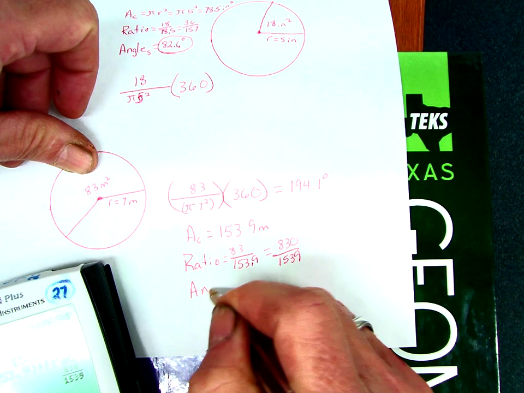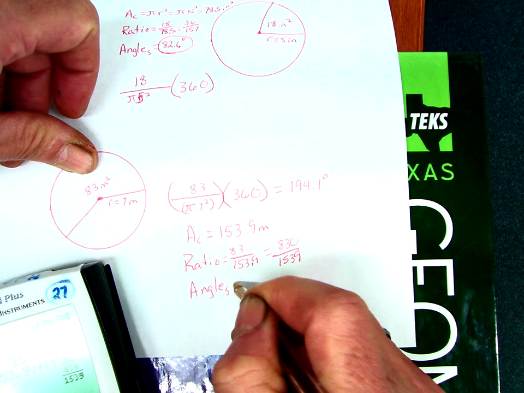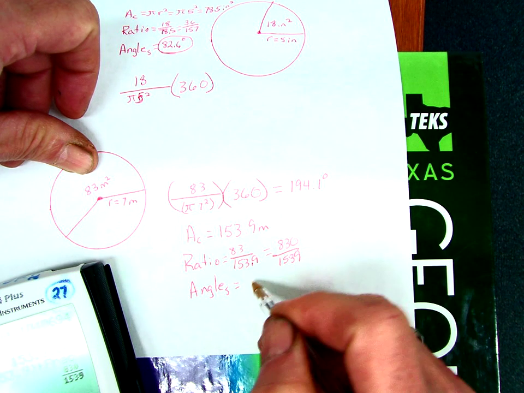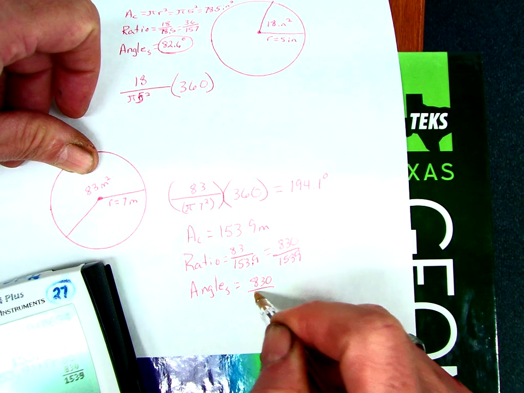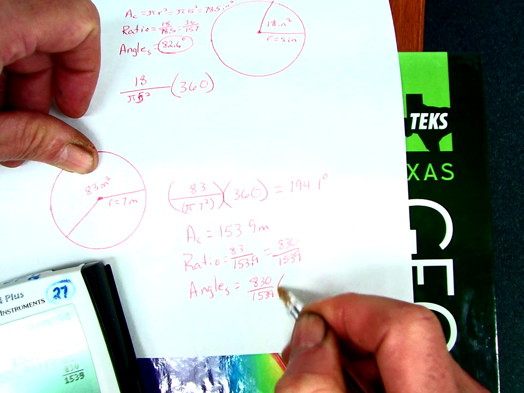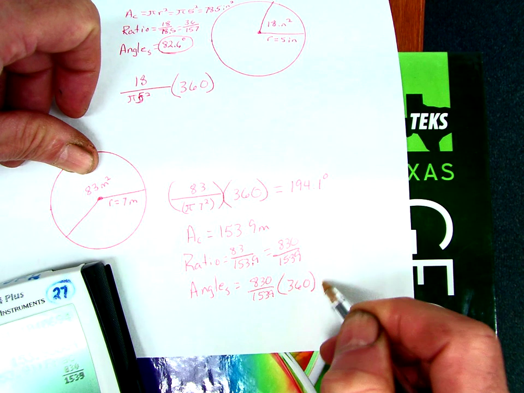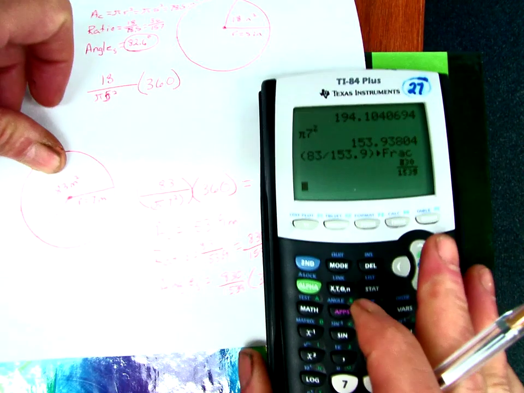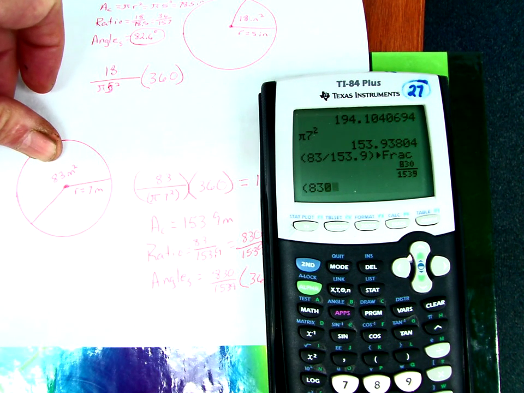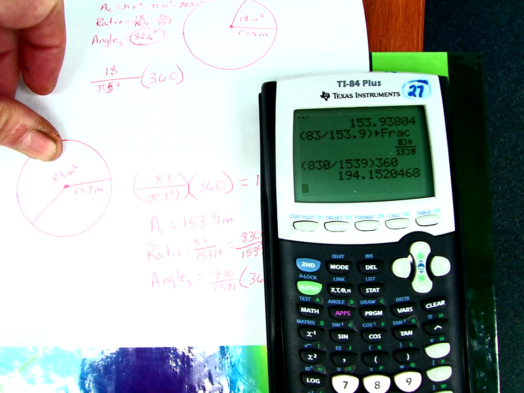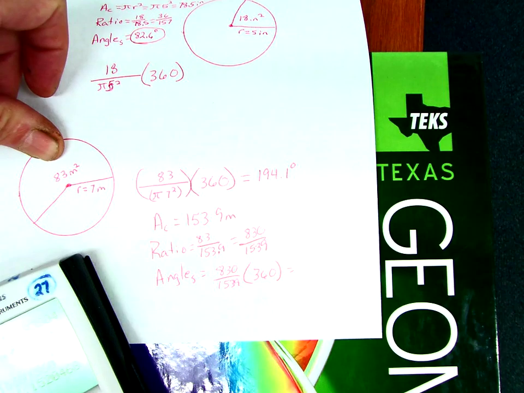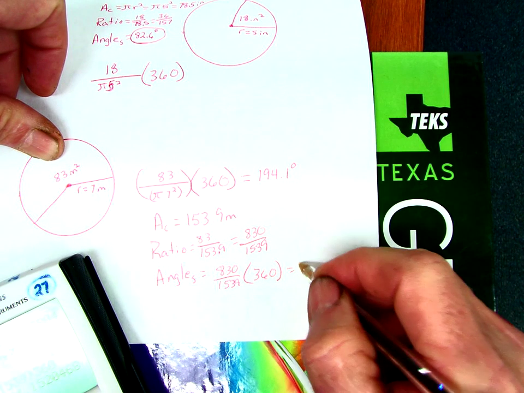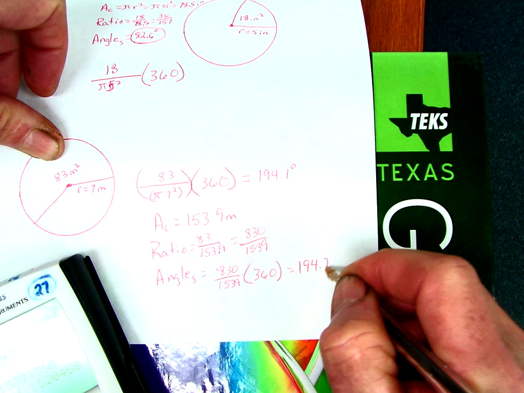So my angle of the sector is going to be my ratio times 360. 194.2. I got 194.1 there, 194.2 here.